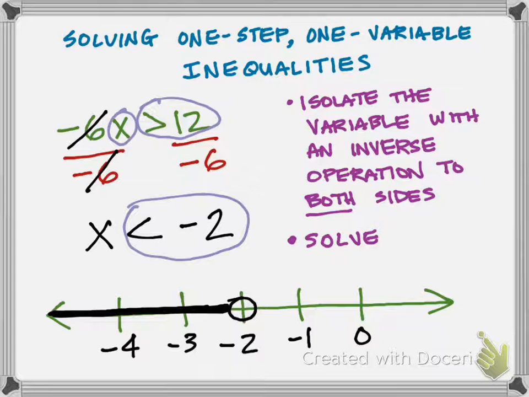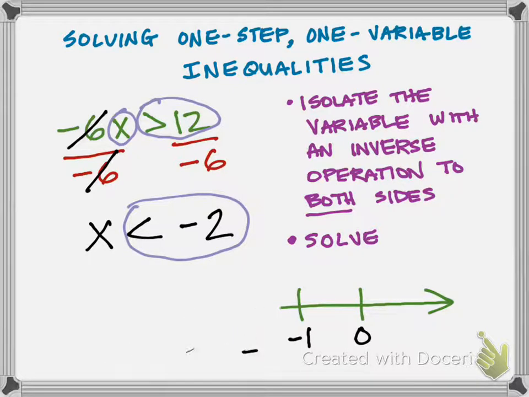So let's think about that for a second. The original problem was, let me get rid of my number line for a second, give us some more room. Okay. The original problem was -6 times, and now instead of x, I'm going to plug in something less than -2.